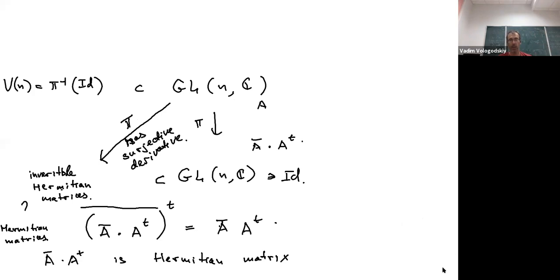So how do we check that this map has surjective derivative? Let's compute the derivative. Let me do it just at one point, the identity matrix.